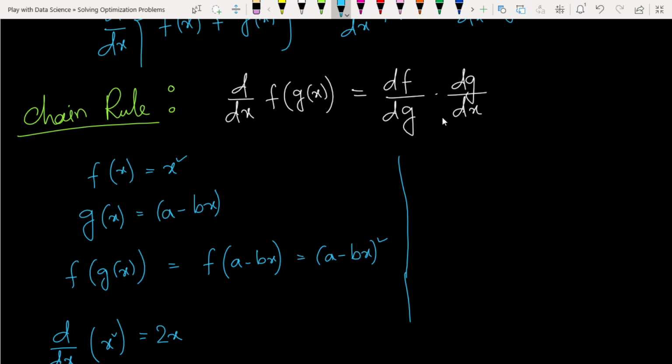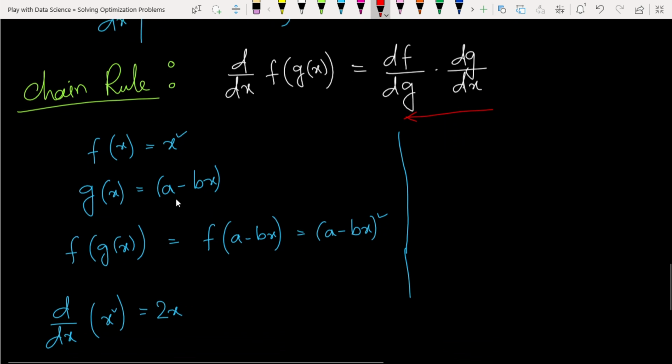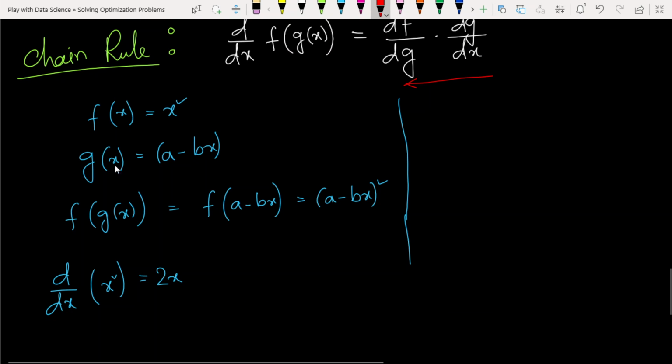Okay, and coming to this side, I think it will be clear for you. First, because g is the independent variable of this, we are going to compute dg by dx. So dg by dx simply is minus b.